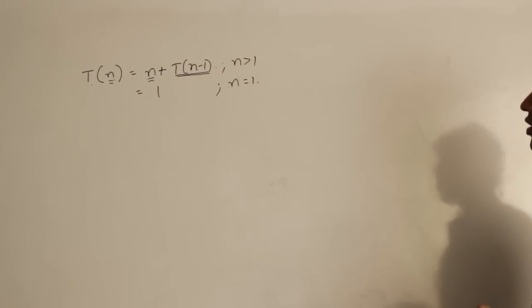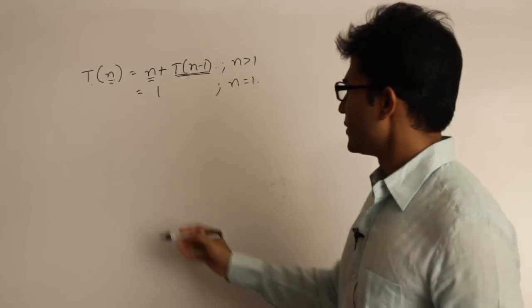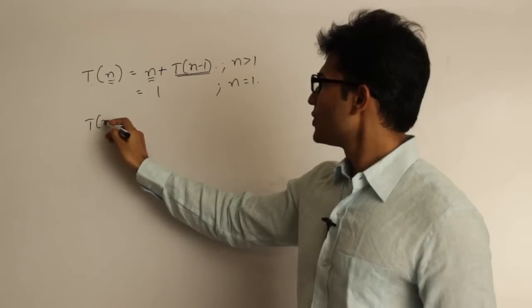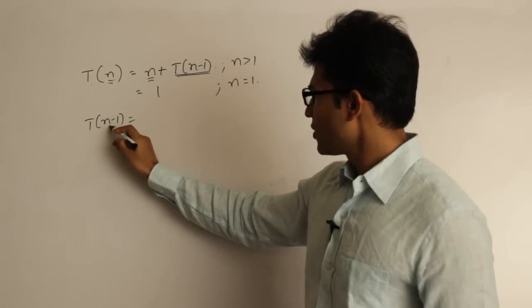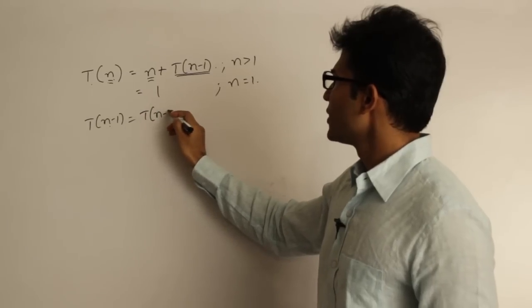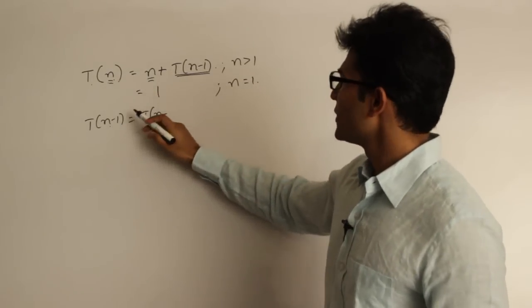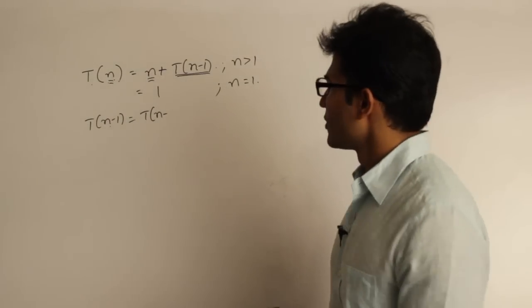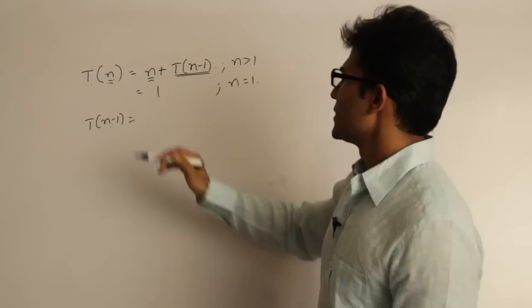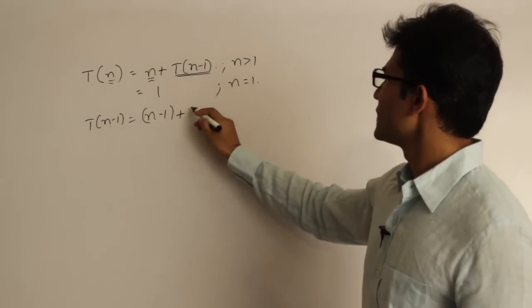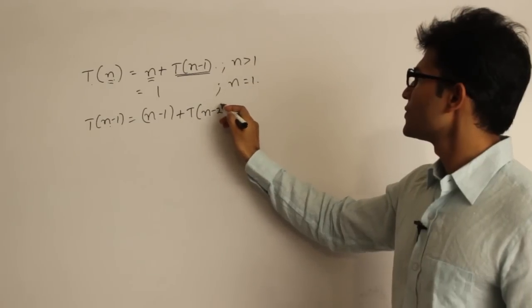Okay. So how to solve it is again the same method. If I have to substitute this, I should know the value of t of n minus 1. In order to find t of n minus 1, in place of n you substitute n minus 1. So what do I get? In place of n, n minus 1, plus t of, in place of n, n minus 1, which means n minus 2.